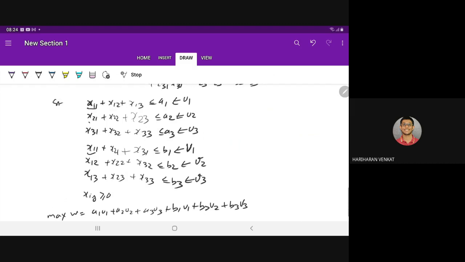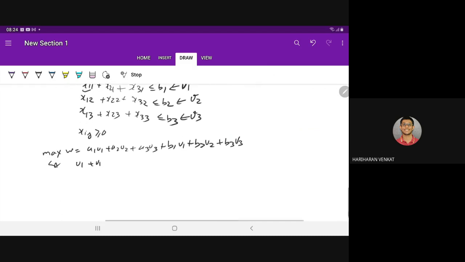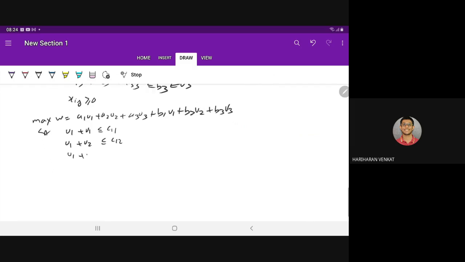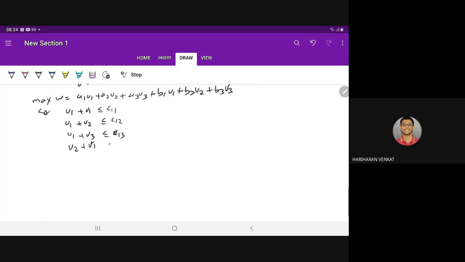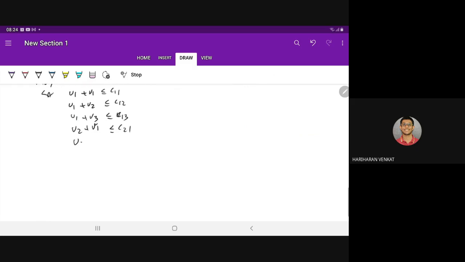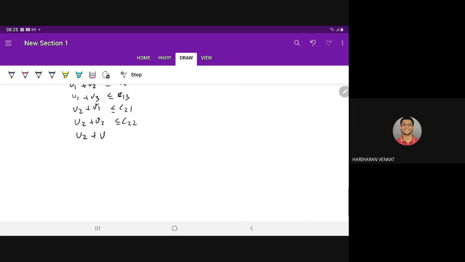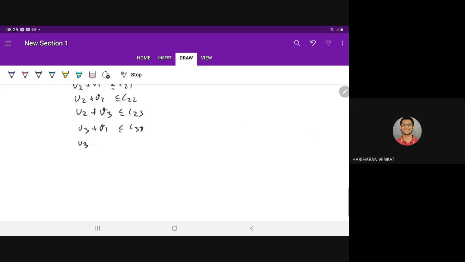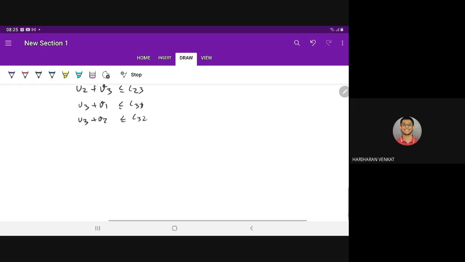Similarly, u1 plus v2 less than or equal to c12, u1 plus v3 less than or equal to c13, then u2 plus v1 less than or equal to c21, u2 plus v2 less than or equal to c22, and u2 plus v3 less than or equal to c23, then u3 plus v1 less than or equal to c31, u3 plus v2 less than or equal to c32, and u3 plus v3 less than or equal to c33.